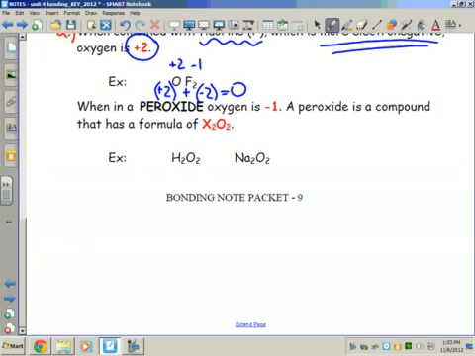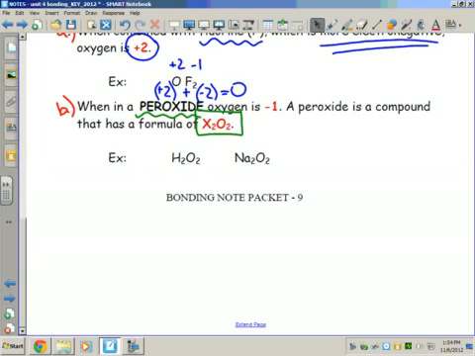Exception B is when we find oxygen in something called a peroxide. Peroxides have the general formula X2O2. I have two of them below. It's almost always hydrogen or any of the group 1 metals, so any elements in group 1.